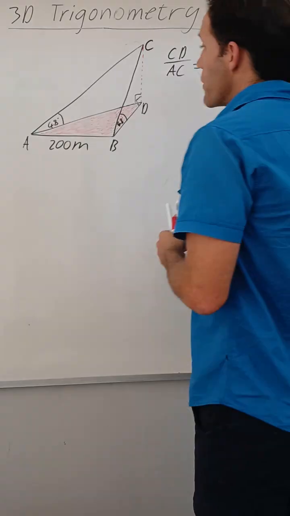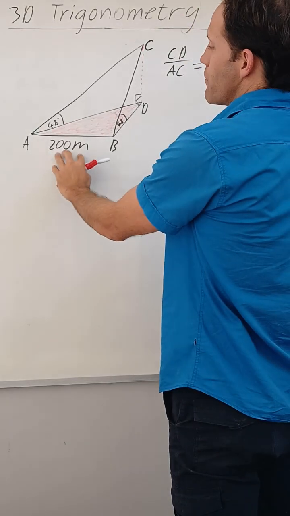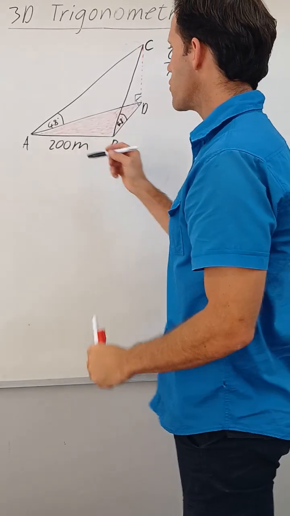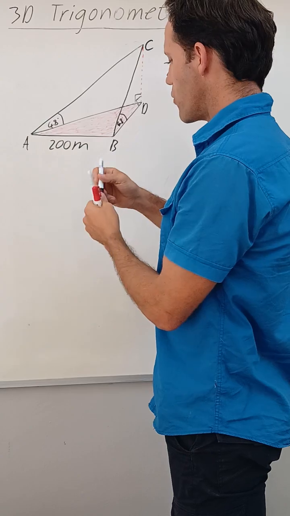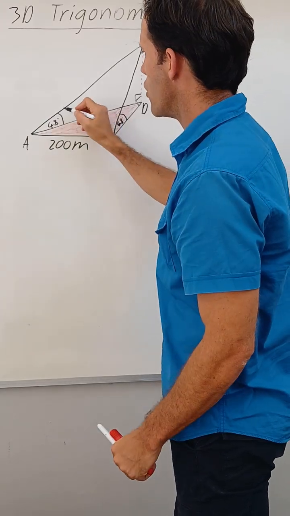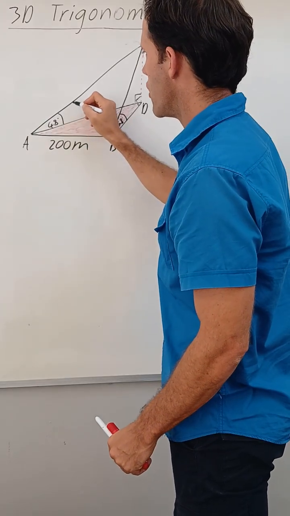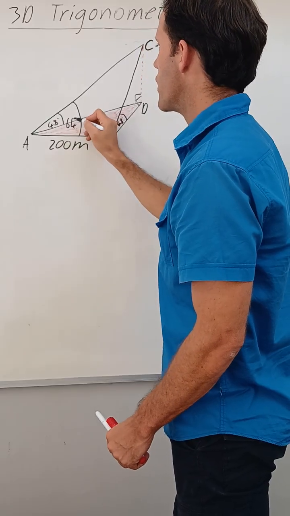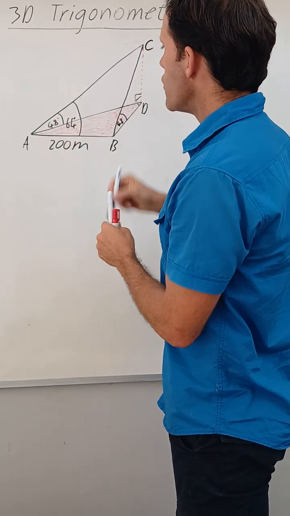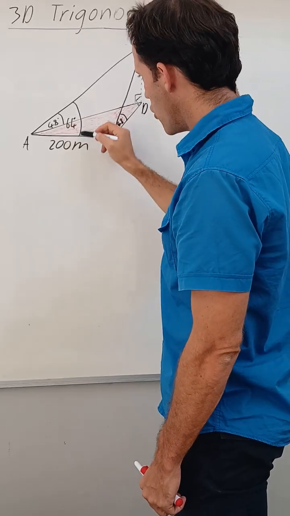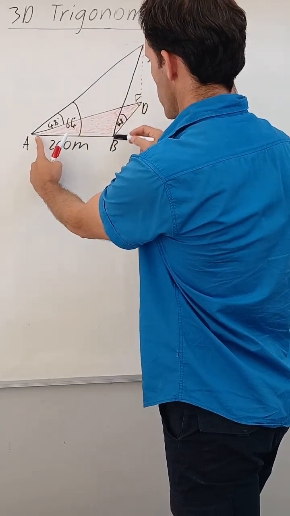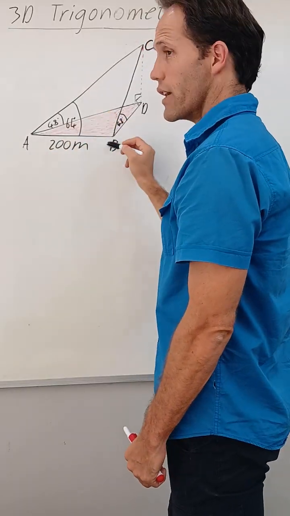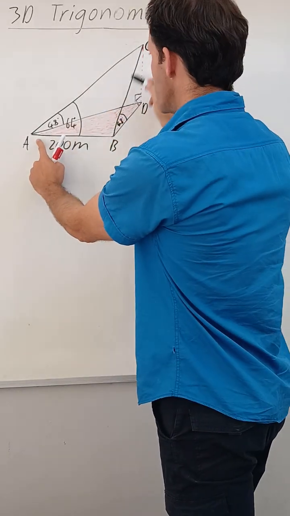Now we're going to look at how we use this 200 meters, because that's the only length we have. We don't have any other lengths. So if we look at this triangle, the other thing they told you is that this whole angle is 64. If this angle is 64 and you know this side is 200, then you're going to use this triangle.